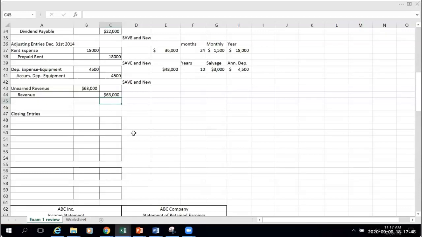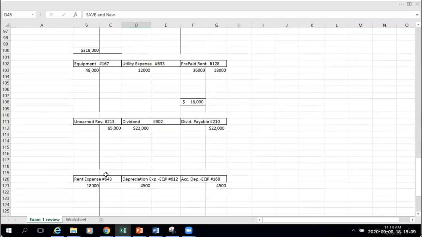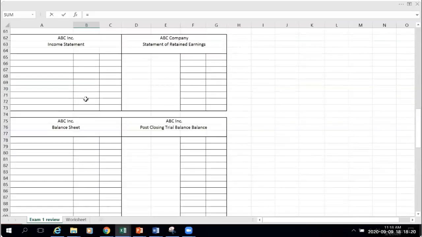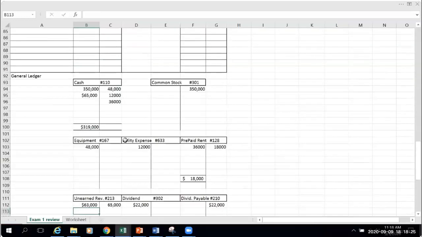Okay. So don't forget to post this, save and new. So it's not a QuickBooks, I have to do it manually. So here we go, post, save and new, and then I go down and where is my, here, unearned revenue, do you see that? So it's a debit on unearned revenue, equals to, go up, debit unearned revenue, enter.